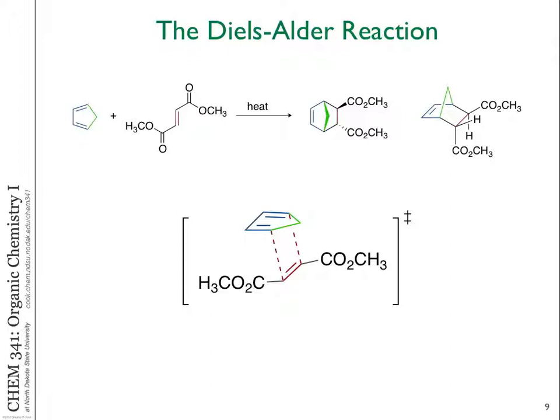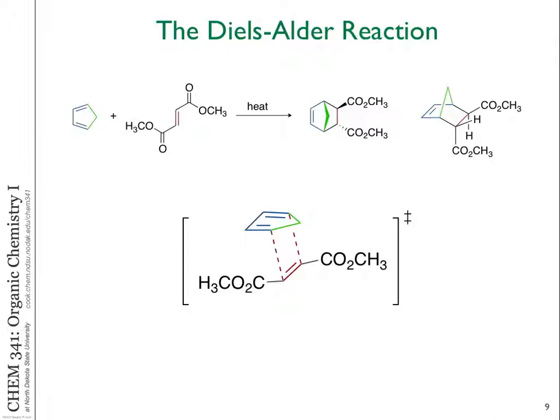So one of them is sitting underneath this cyclopentadiene double bond system, and the other one is pointing out, away from that cyclopentadiene pi system. So it doesn't matter which way I draw this. If I were to just flip that over, one would still be under and one would still be out.